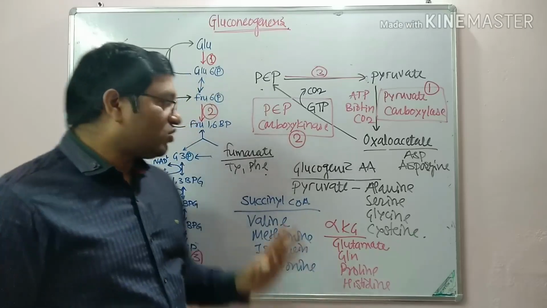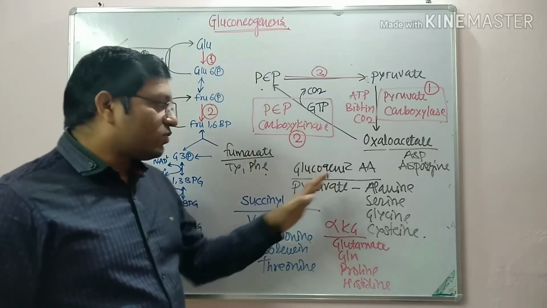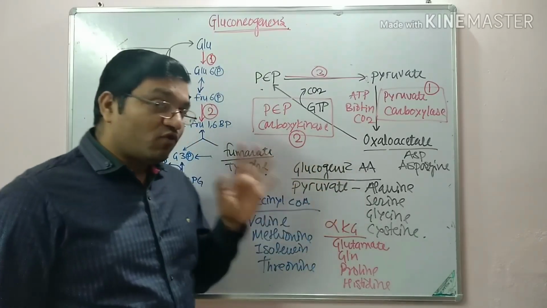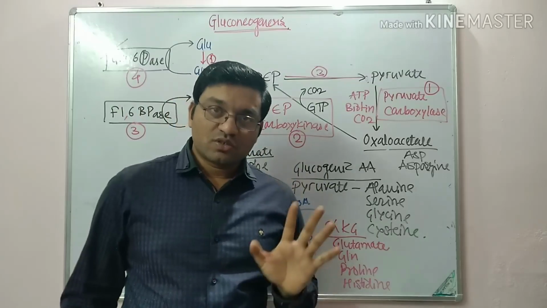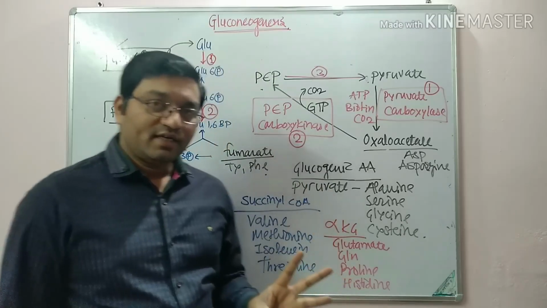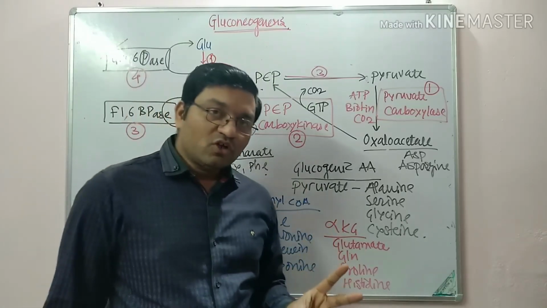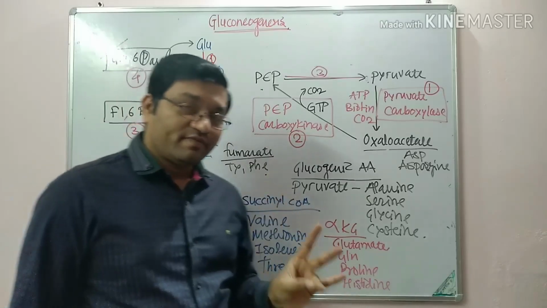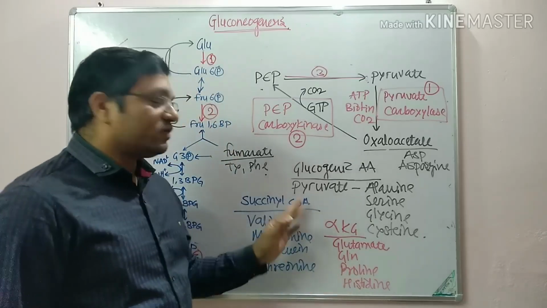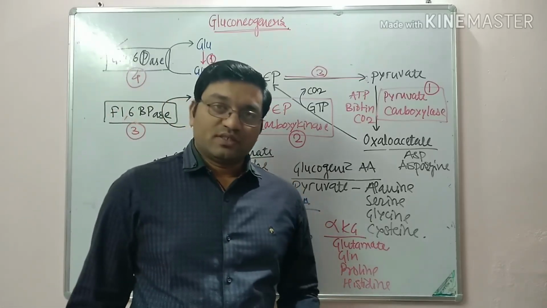Describe the synthesis of glucose from non-carbohydrate precursor, that is glucogenic amino acid. So there are 4 important LAQs on this topic: synthesis of glucose from lactate, propionyl coenzyme A or short chain fatty acid, third one is glycerol, and fourth one is glucogenic amino acid.